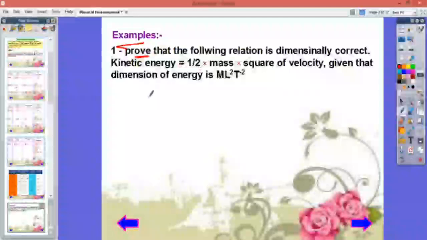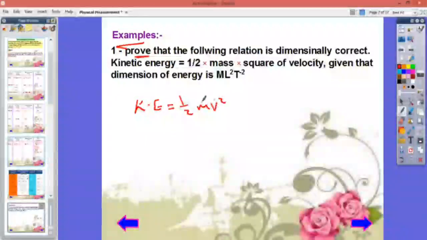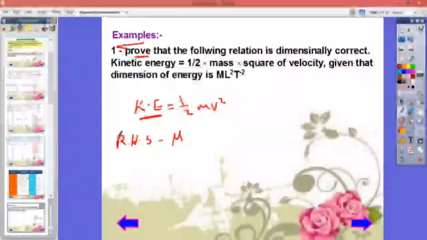Kinetic energy equals half m v squared. Given the dimensional formula of energy, the right hand side equals this, and the left hand side is kinetic energy.